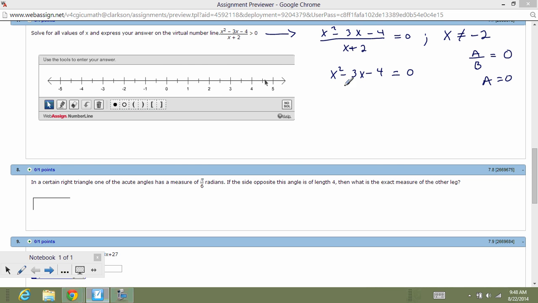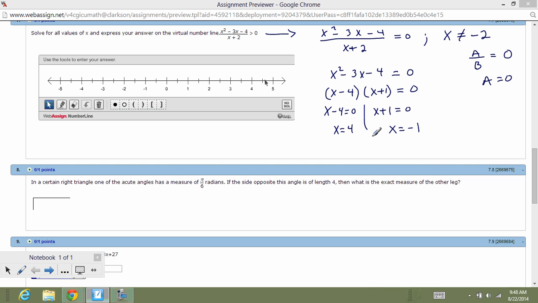So from there, a little bit of factoring, and this is pretty elementary factoring, so it's going to be just x minus 4 and x plus 1 equals 0. We set each of those factors to 0, and we have x minus 4 equals 0, which gives us x equals 4. And we have x plus 1 equals 0, which gives us x equals minus 1.